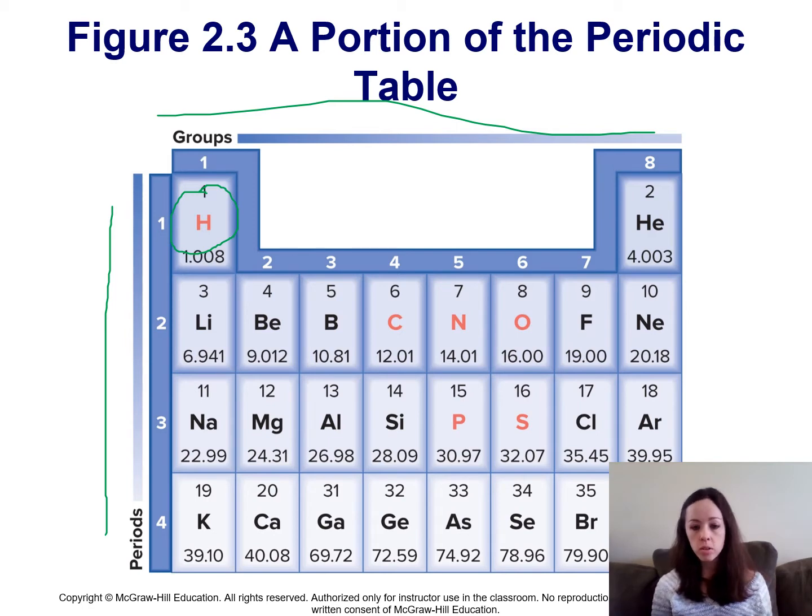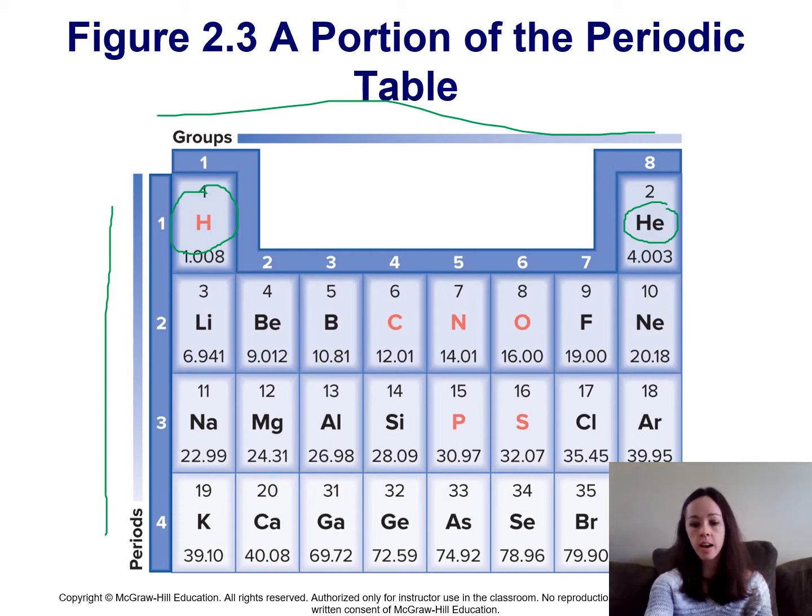Each of the group numbers will tell you how many electrons are in the outer shell of the element, and the periods generally will tell you how many electron shells that particular atom has. So helium here is in period 1, which tells us that there is only 1 electron shell.